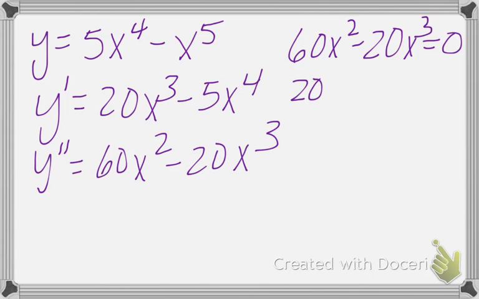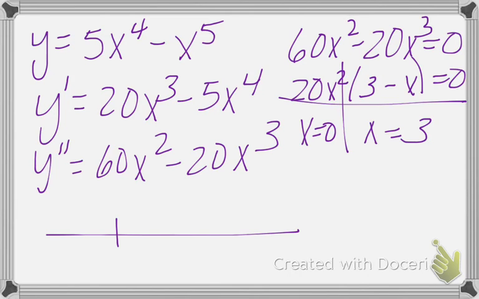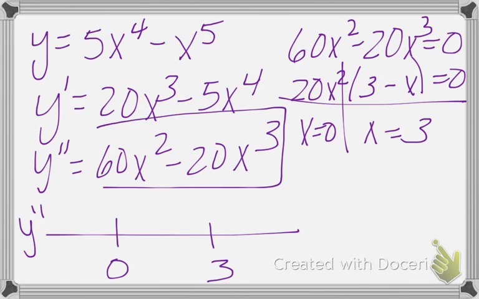Factor out a 20x squared. We're going to get two solutions, x equals 0 and x equals 3. So they're only points of inflection if there was a sign change. So we have to make a wiggle graph. And we're going to use y double prime, which is right here.